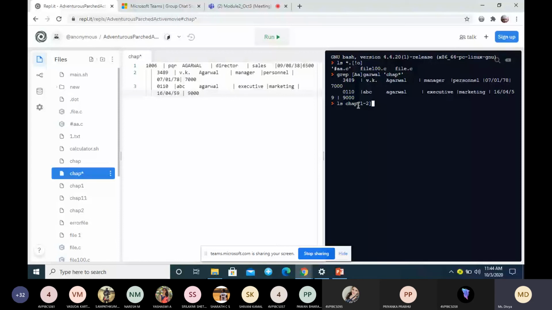You can also write 1 to 5, and it will match CHAP 1, CHAP 2, CHAP 3, CHAP 4, and CHAP 5. This is similar to the wildcard.